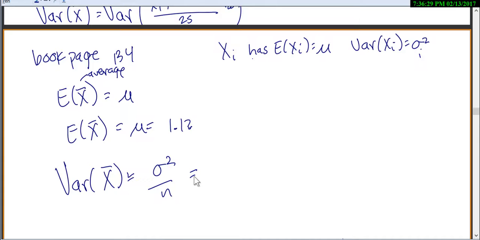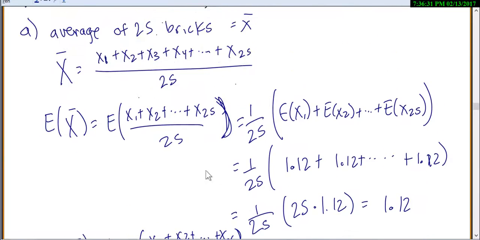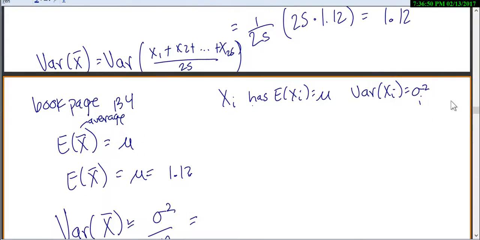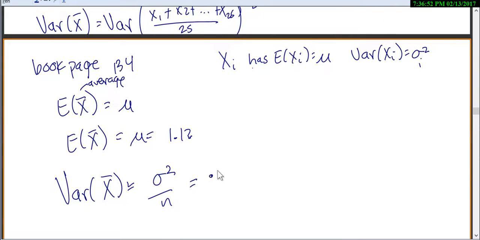They didn't tell us sigma in this problem, but they did tell us that the standard deviation is 0.03, which means the variance of each one is 0.03 squared, which is just 0.0009. So in our case, it's going to be 0.0009 over n, and there were 25 of them.